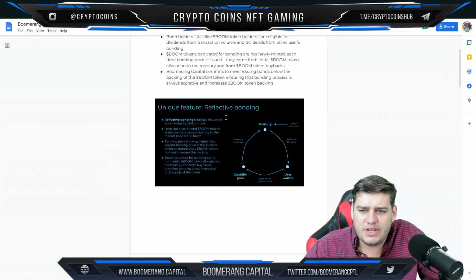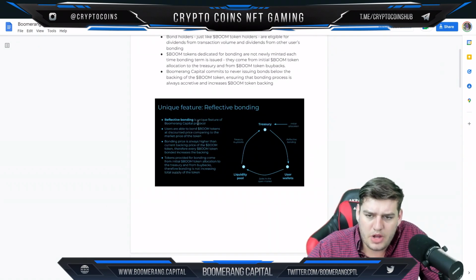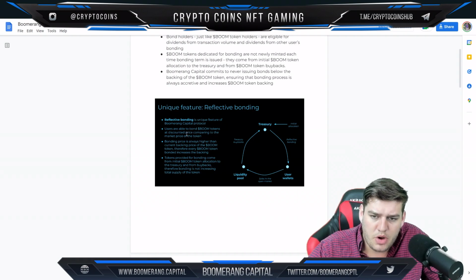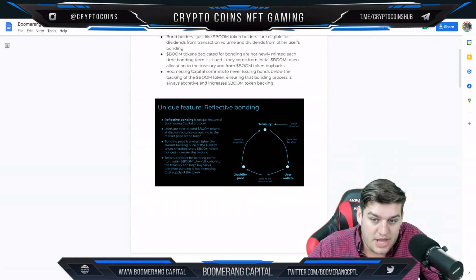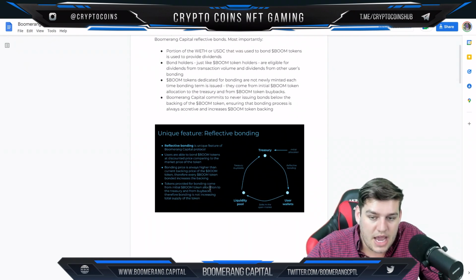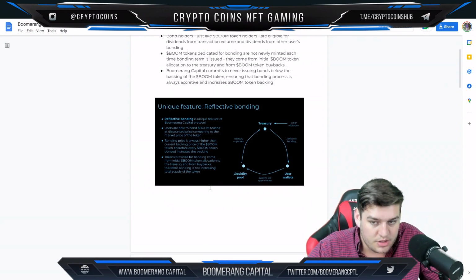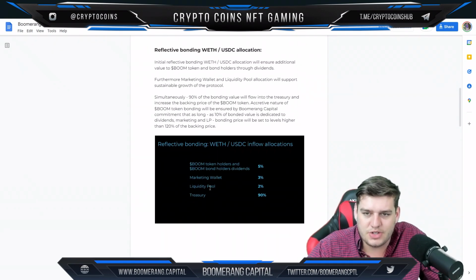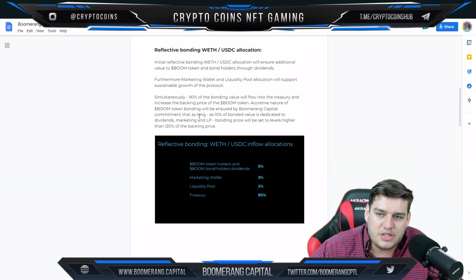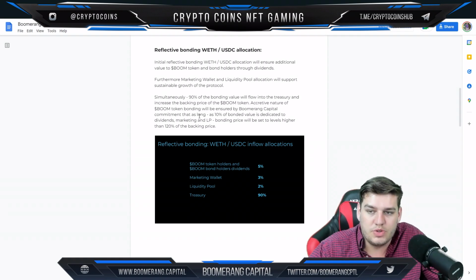Now, this gives you a nice little idea here, the reflective bonding. It's a unique feature of the Boomerang protocol, so you're able to bond your Boom tokens at a discounted price, and it kind of shows you how that goes in this little graphic. Bonding price is always higher than the current backing price, and tokens provided for bonding came from the initial Boom token allocation. And we can see here the reflective bonding with the WETH USDC allocation. So initial reflective bonding with those coins will ensure additional value to Boom token and bondholders through dividends.